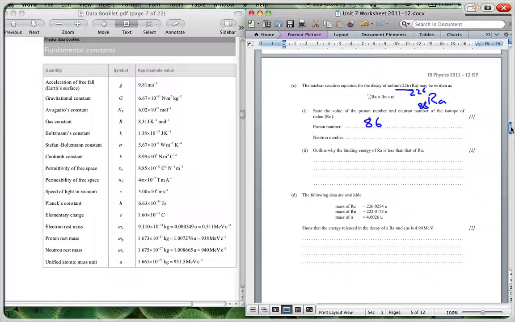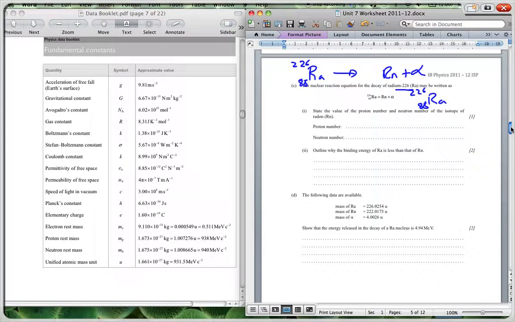So let's look at what's going to happen there. We're going to get your Ra, which is 88 226, and that goes to Rn plus your alpha particle.